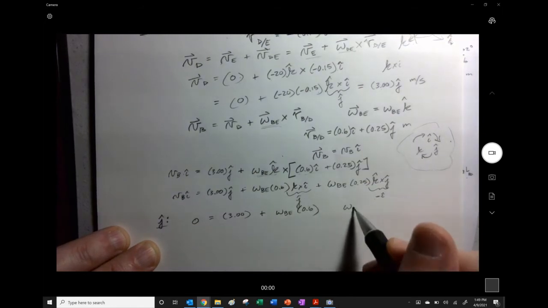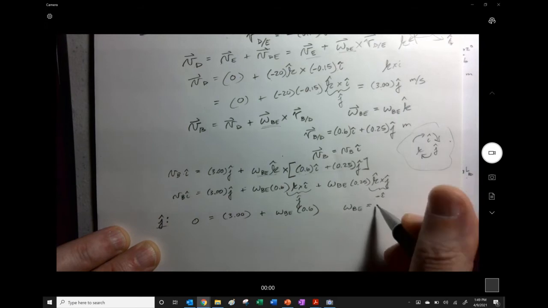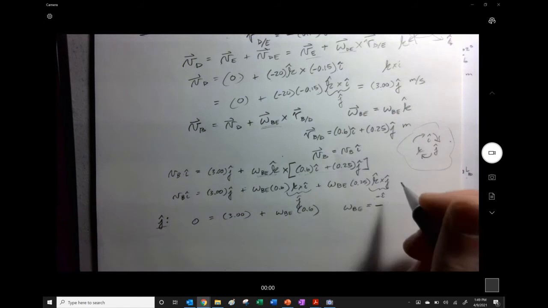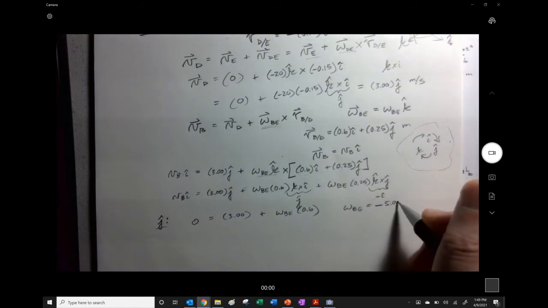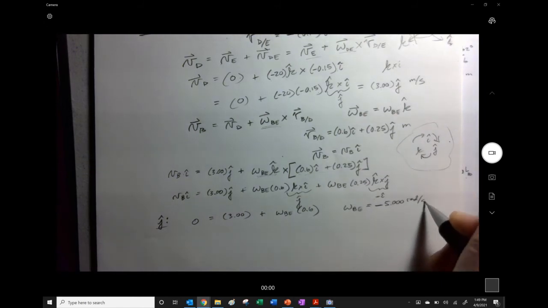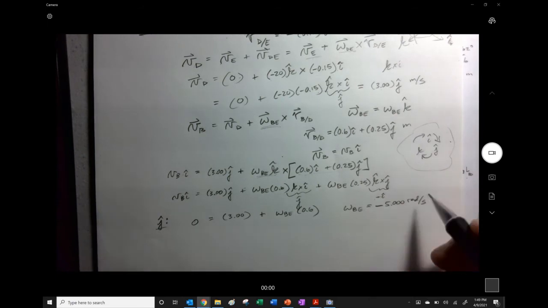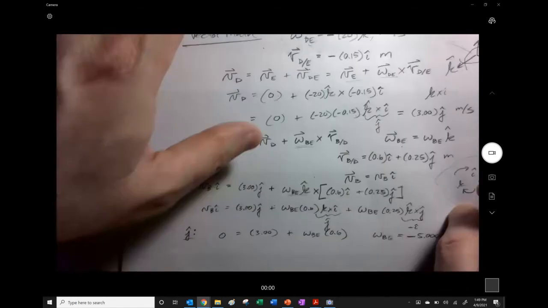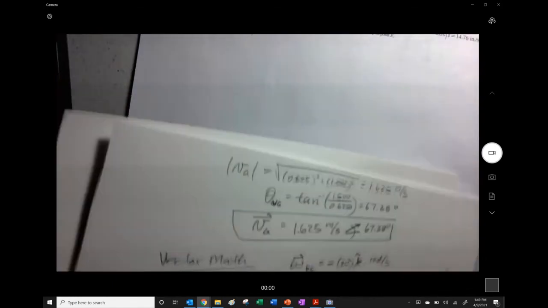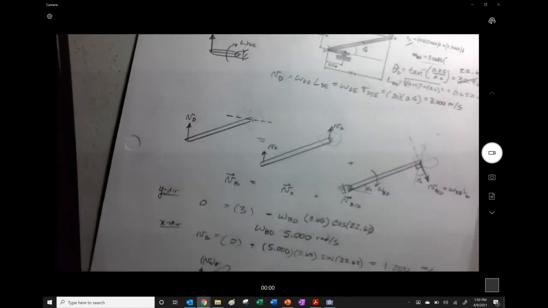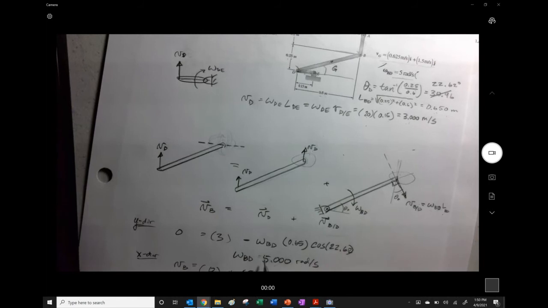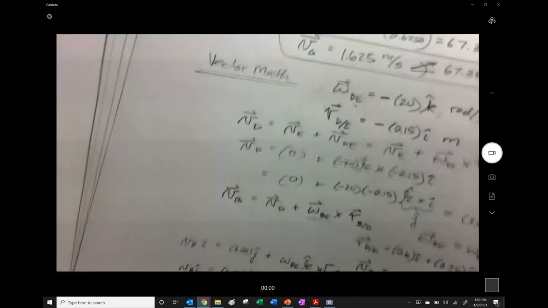And we get omega BE is equal to negative, that's just going to be 5, which is clockwise, which is what we expected from our previous solution, where we were going clockwise with 5 radians per second.